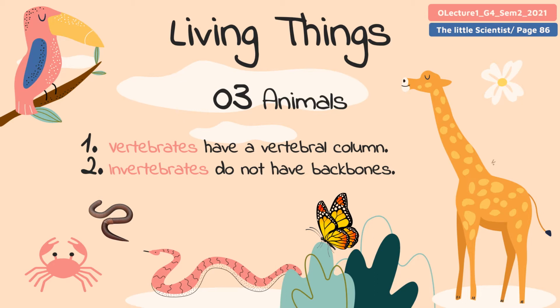So, the giraffe is a vertebrate, the toucan is a vertebrate, and the snake is a vertebrate, since these three animals have a backbone. Why? Crabs, earthworms, and butterflies are classified as invertebrates since they do not have a spine or a backbone.